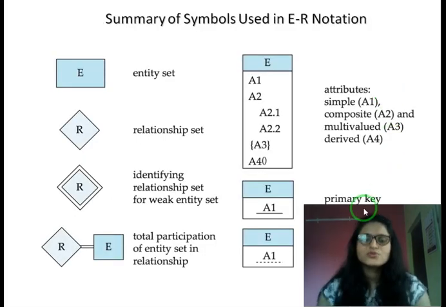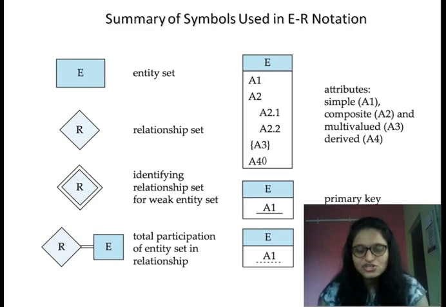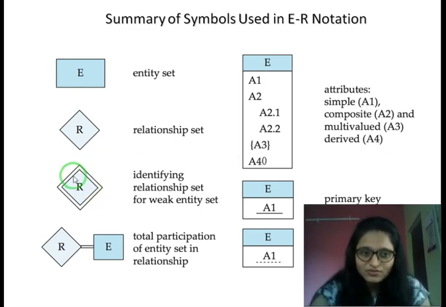So dear student, in this way we sum up some extended features like specialization, generalization, and aggregation, especially used for non-binary relationships. And we already covered all the symbols related to the ER diagram. So a rectangle symbol is used for the entity set, a diamond for the relationship set, and a weak entity set is denoted by a double rectangle or double diamond.